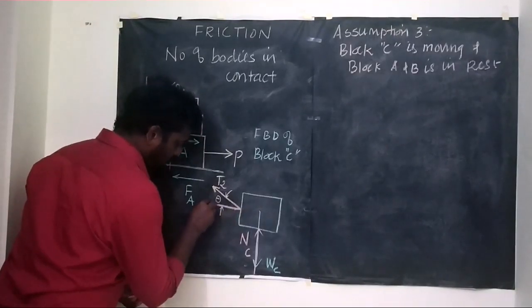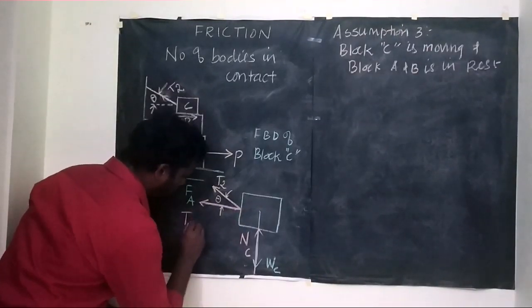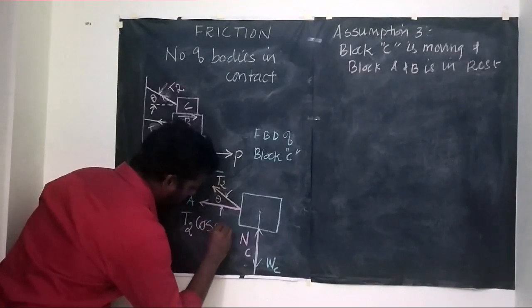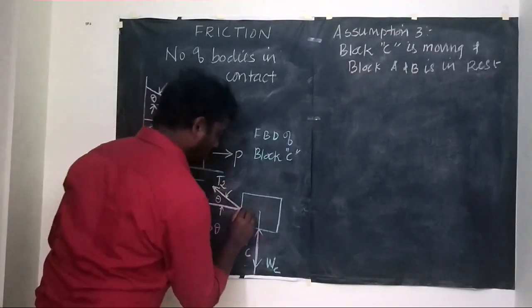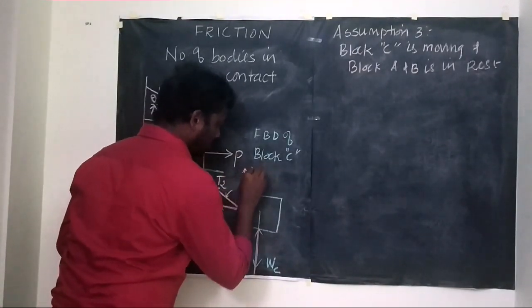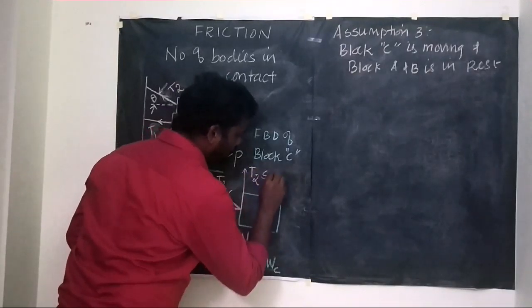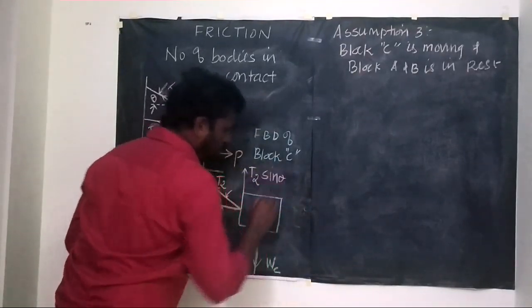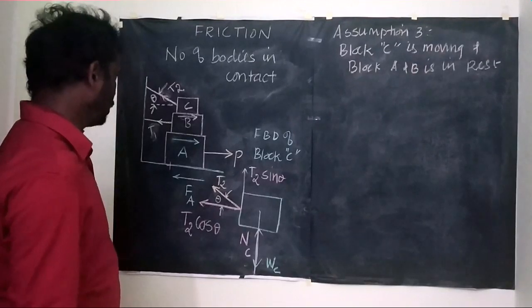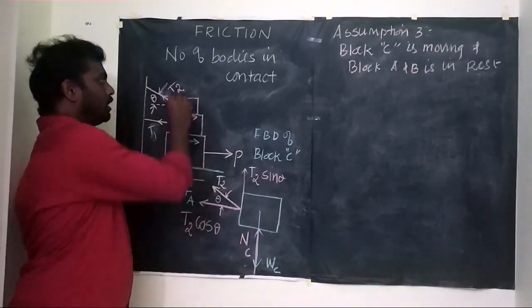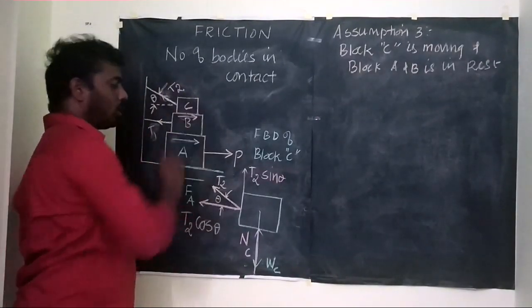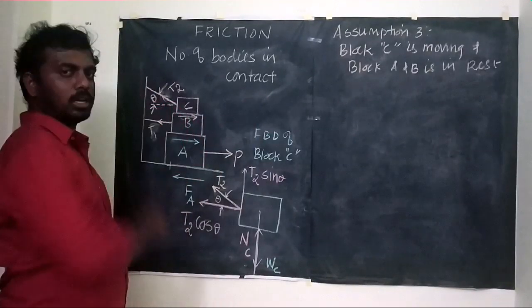So the horizontal component is T2 cos theta. Then the vertical component is T2 sin theta.